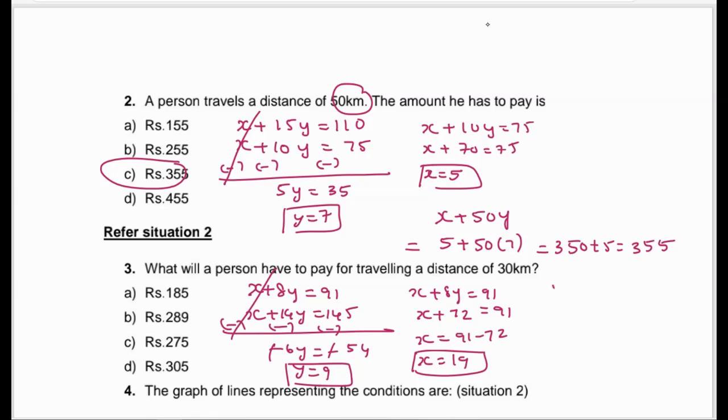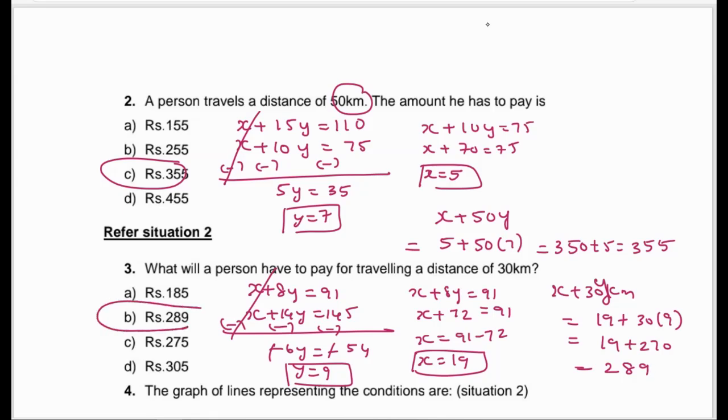So here it is given x plus 30 kilometer. We should find x is 19 plus 30 into 9, that is 30y. So 30 into 9, so it will be 19 plus 270. That will be 289. So the answer is 289.